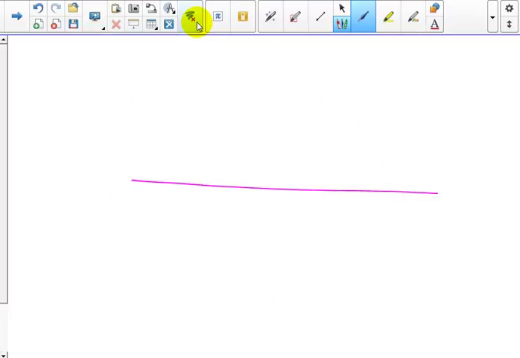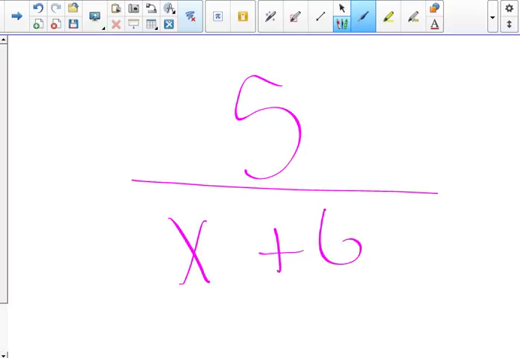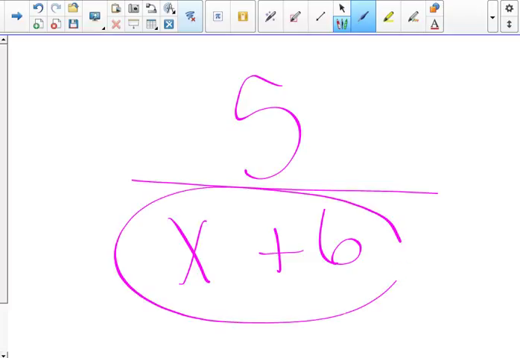What if I had this? What can x not equal? Overall, the denominator can't be 0. But what would make this 0? Say it again. -6.